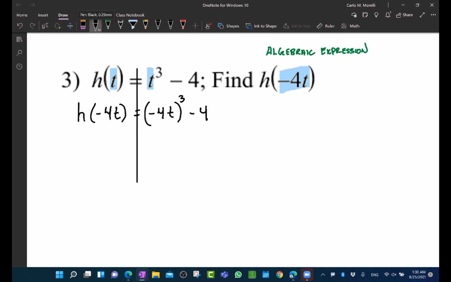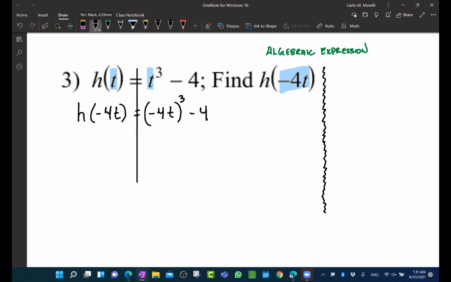Okay. So this is where the parentheses become really important because now we have to use our exponent rules in order to complete the problem. And so let's come over here into side work and let's review the exponent rule that goes with this particular problem.